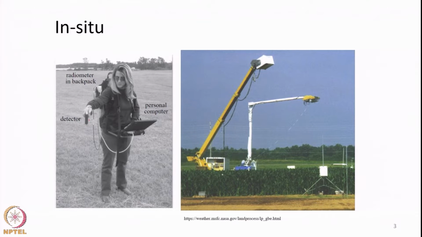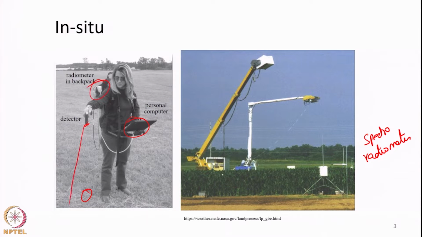This handheld instrument is called a spectroradiometer, which is useful to collect the spectral reflectance curve of land surface objects. This is the sensor, it has a computer, and a backpack here which contains the actual control unit and everything.